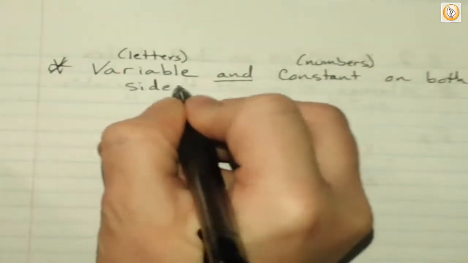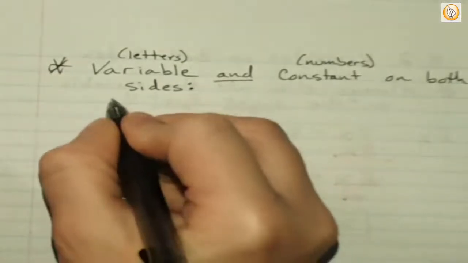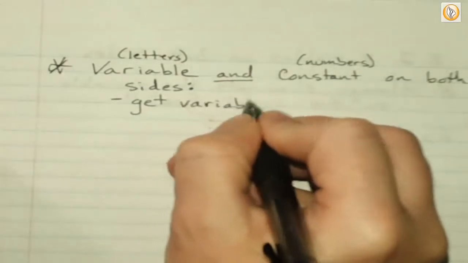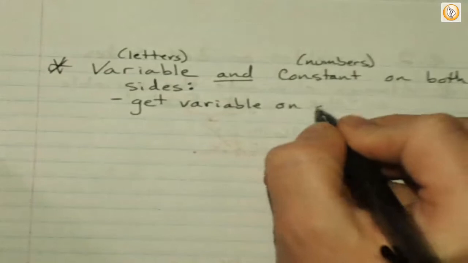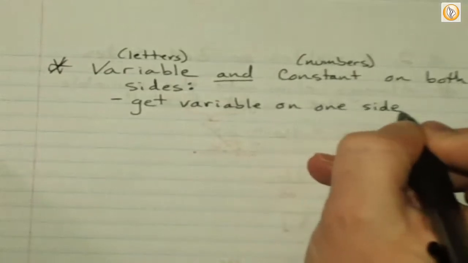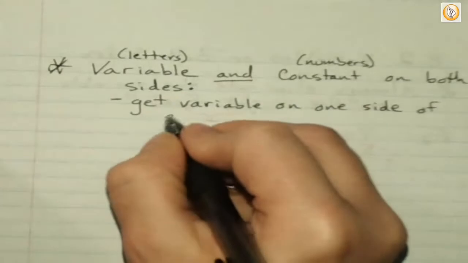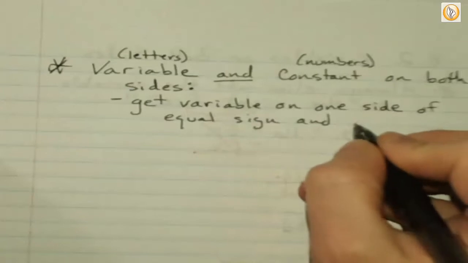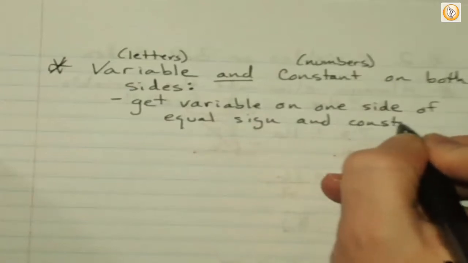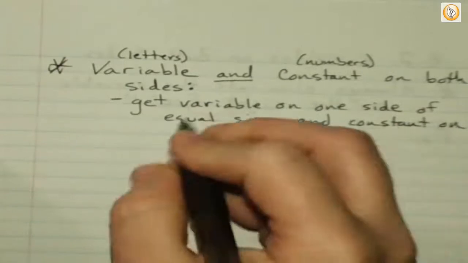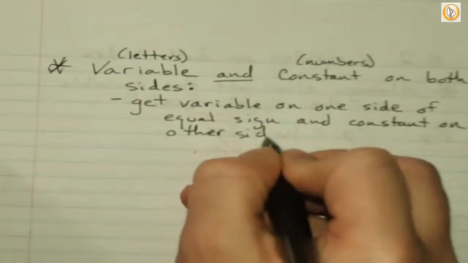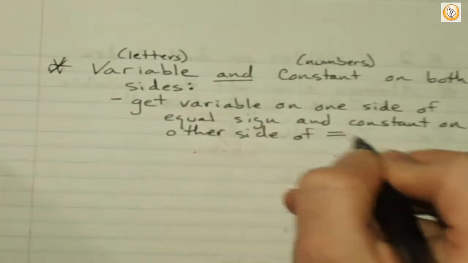On both sides, here's what you do. Get variable on one side of equal sign, and constant on the other side of equal sign.